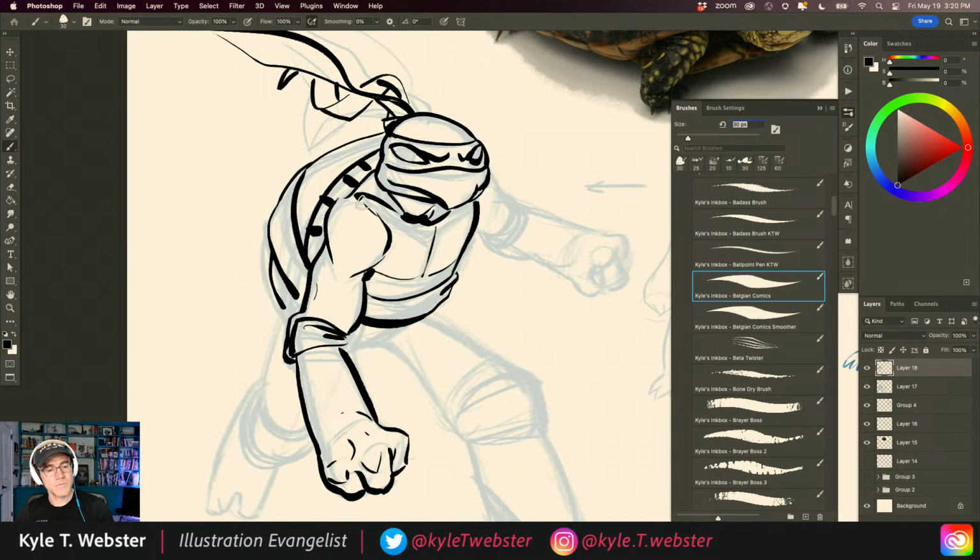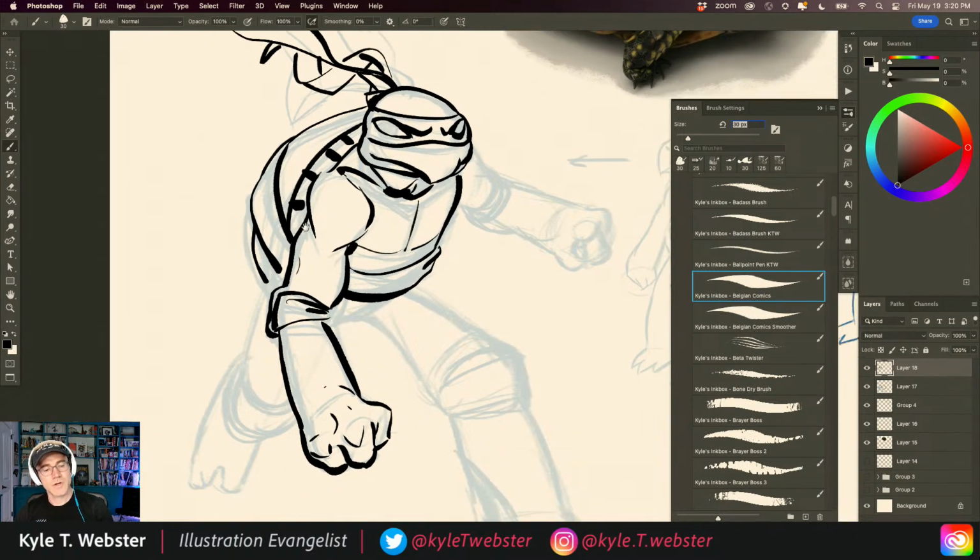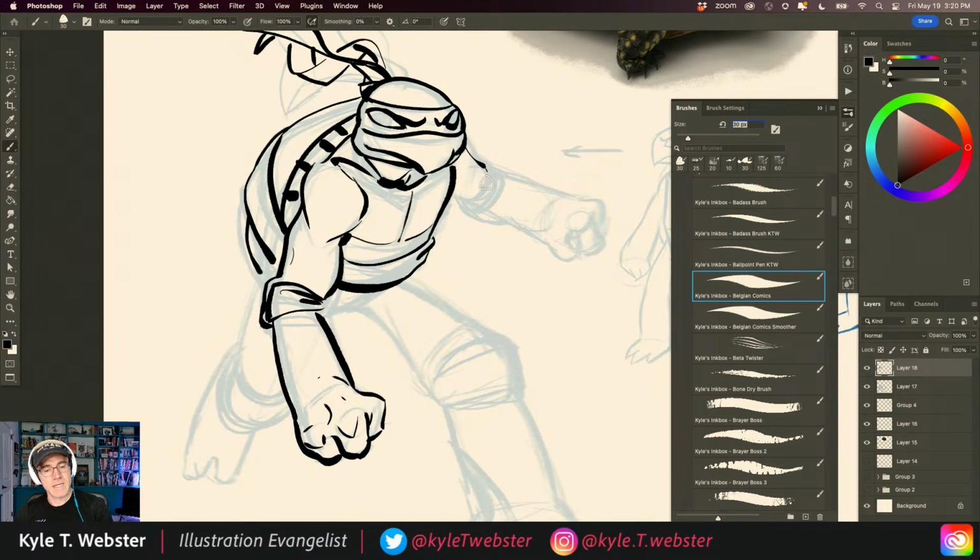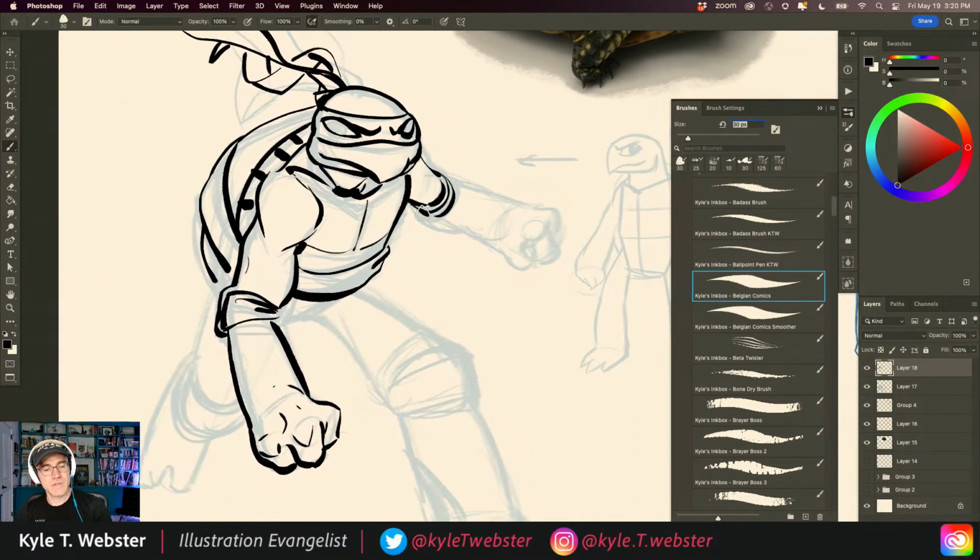It's a good thing to try. Pick an animal. Folks watching out there, pick an animal and see what you can do with stylizing it.